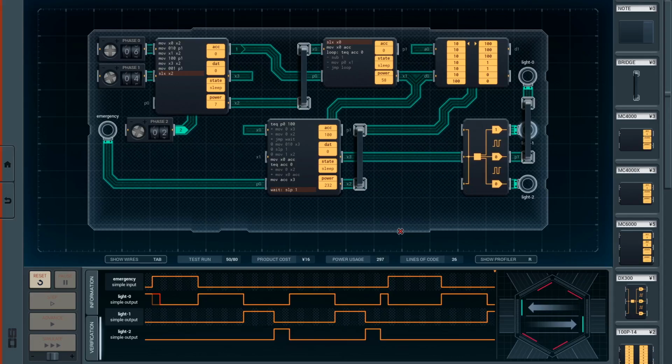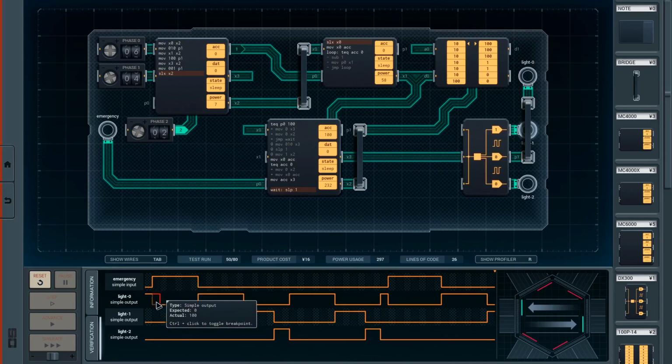Okay, so it failed here. Non-emergency, then emergency immediately. Why did this happen? Well, I wish I could step backward. I'm gonna have to just work backward in my head here. Take P0, 100.